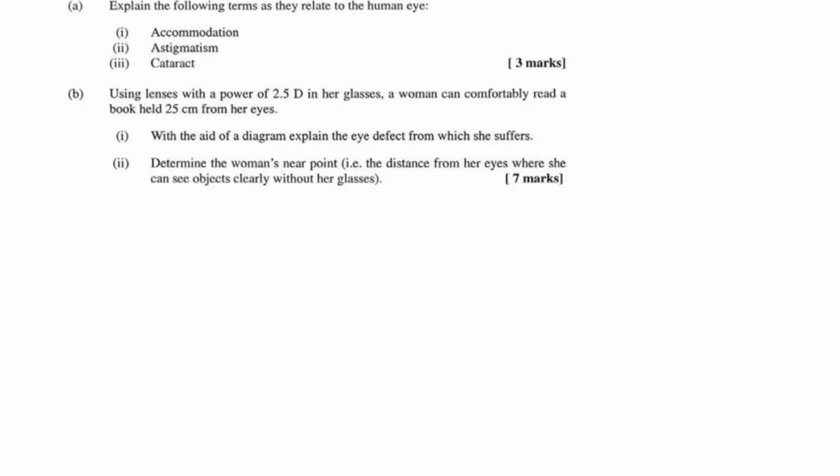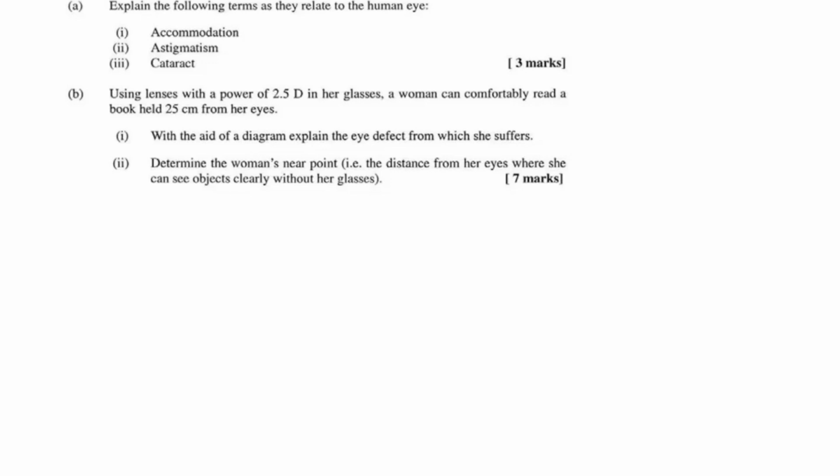So you would draw your diagram and everything to figure out the correct thing with the lens, and you put a bit of explanation behind it. So I think we know how you correct long-sightedness.